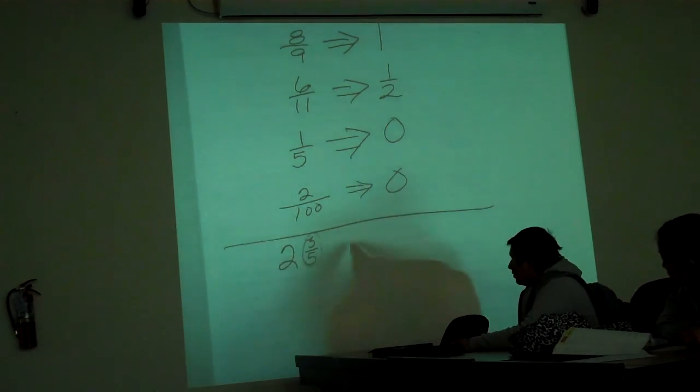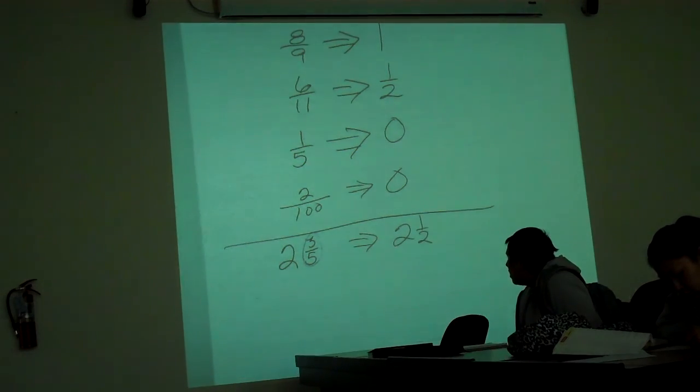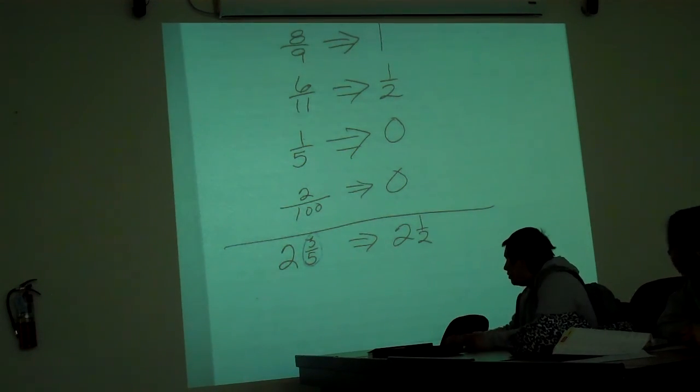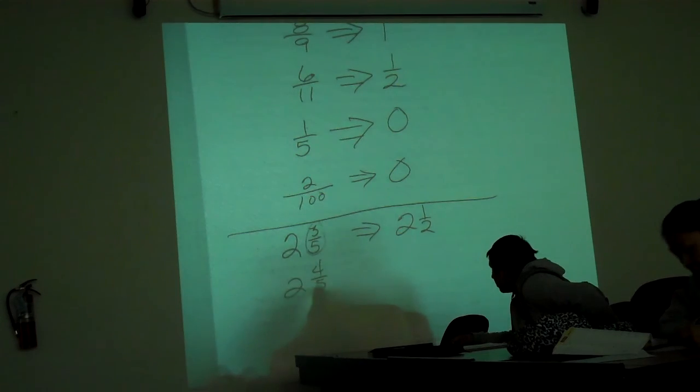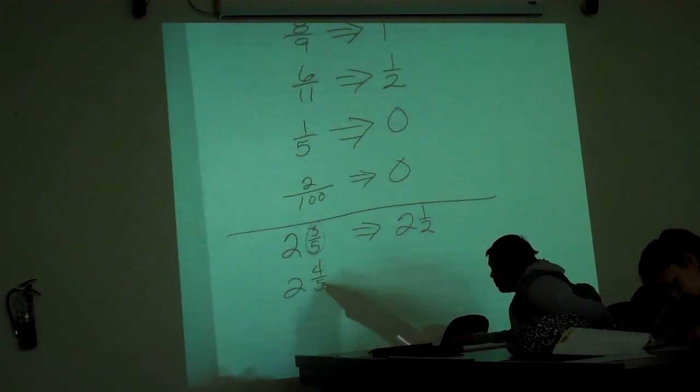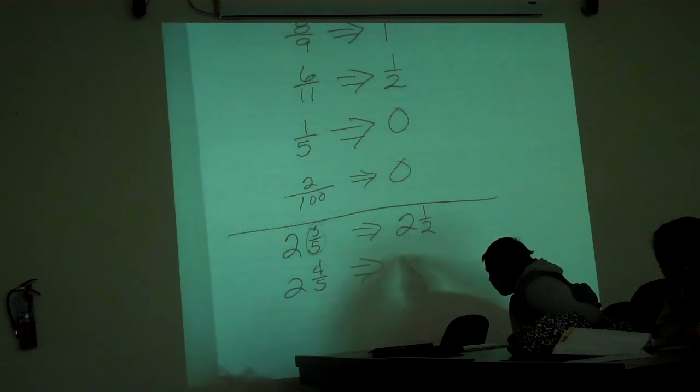So this would estimate to be 2 1/2. Leave the whole number in front, and then you're just doing the second part. If you had 2 and 4/5, this is almost all of it. So this would round to 1. So right, you would add it to the 2 and it would be 3.